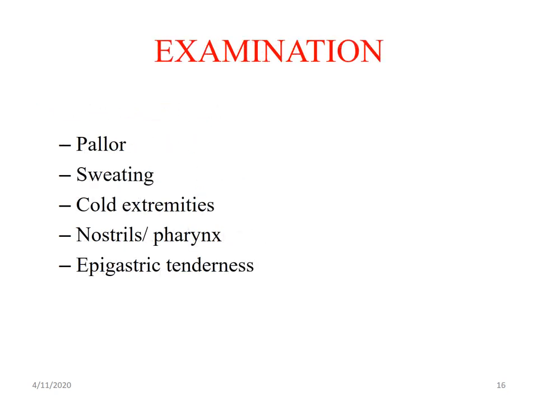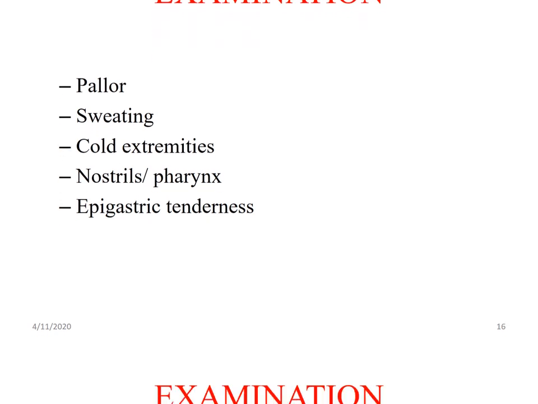on examination, there is nothing specific. The patient has signs and symptoms of anemia or hypovolemia, including pallor, sweating, cold extremities, and we examine the nose and the pharynx for any local cause which might be the cause of the bleeding, and sometimes we find epigastric tenderness.